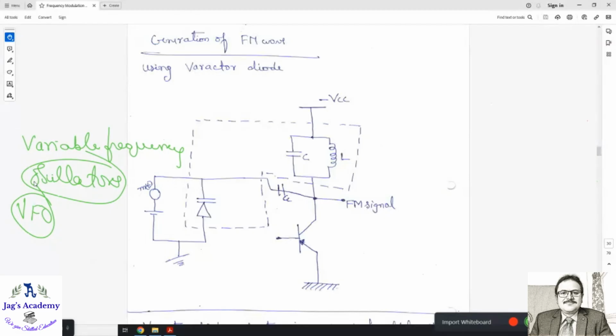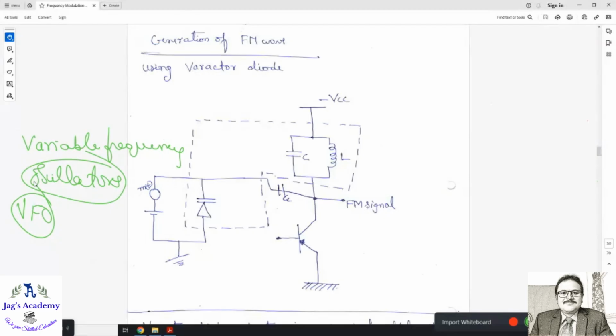But variable frequency oscillators are those which generate variable frequency waveforms. We are going to make use of such oscillators in generating our FM wave, because an FM wave requires something which generates variable frequency, and that variable frequency depends on the instantaneous amplitude of the message signal.